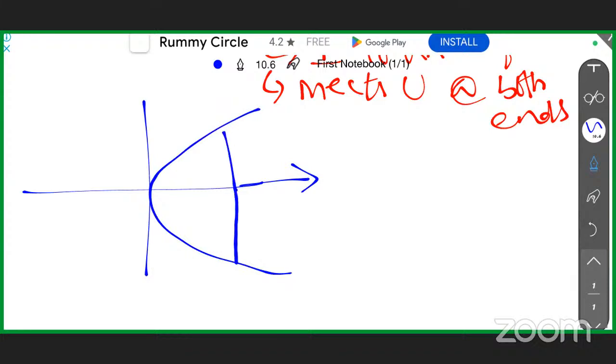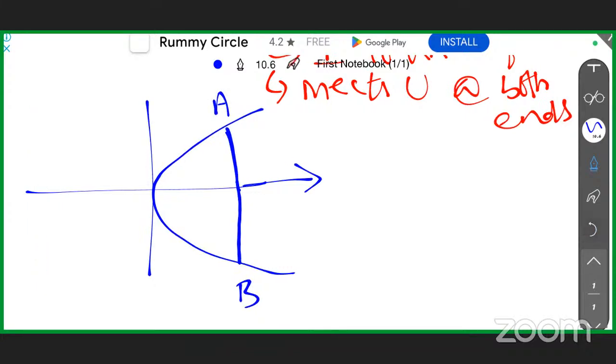So the line is joining here, A, B. Let this fixed line be L. This is my vertex O. This is my F. The coordinates of F will be (a, 0).